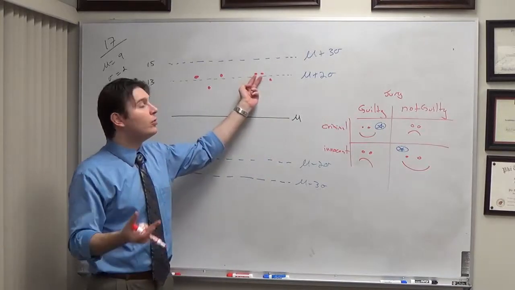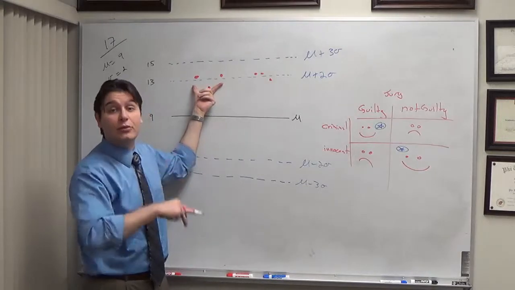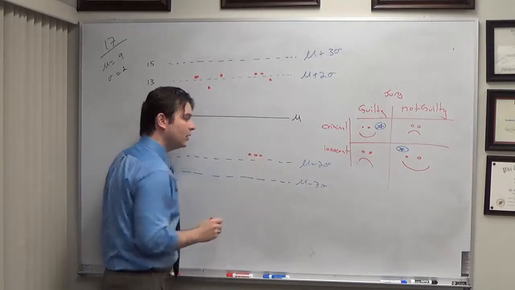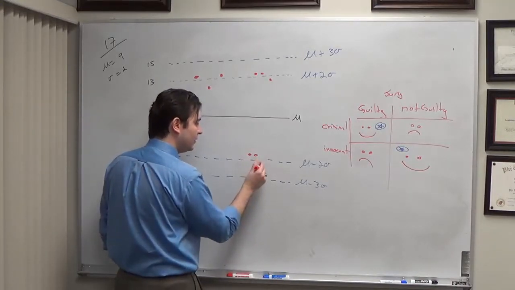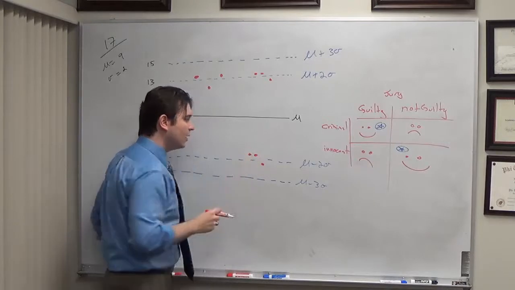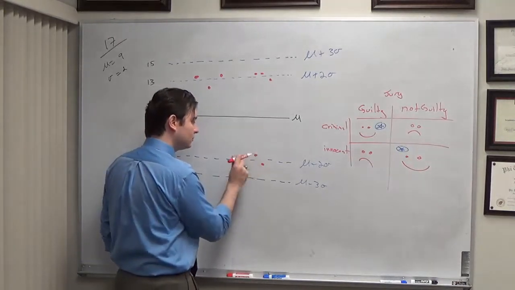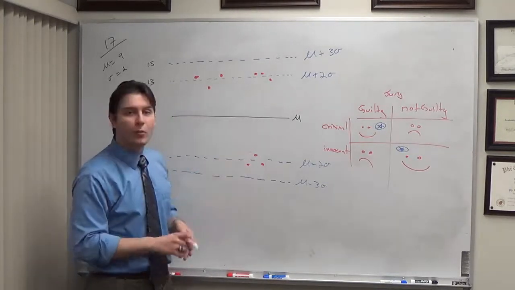You don't need 2 in a row that are out of control. You just need, out of any 3 that you look at, at least 2 of them above. So this, not out of control. This, not out of control. This, out of control, in the low way.